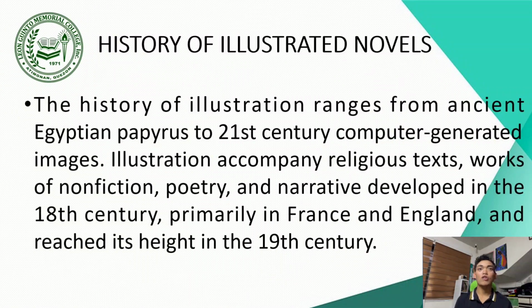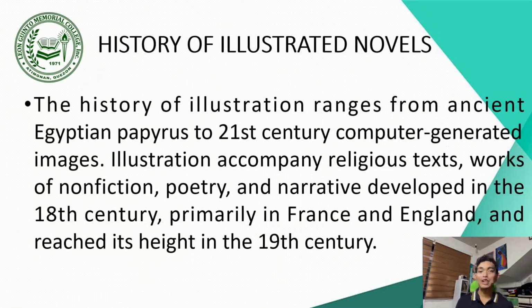The history of illustration is vast, beginning with the ancient Egyptian papyrus and extending to the 21st century computer generated image. Illustrations have been used in a variety of works, from religious texts to poetry to narrative literature. In the 18th century, illustration gained prominence, particularly in France and England, where they began to accompany books and texts more frequently.